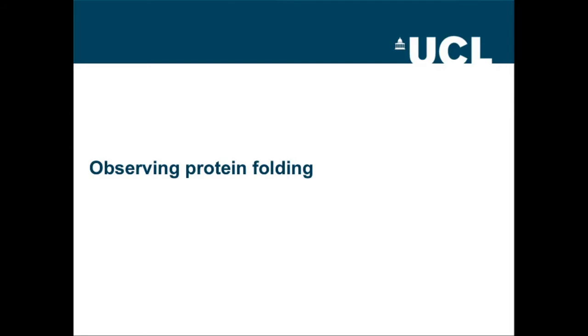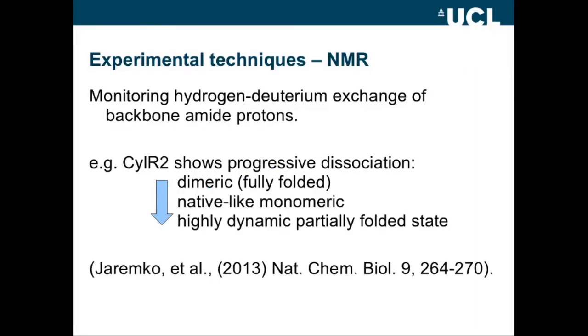How can we observe what actually goes on in protein folding? Well, there are a number of experimental techniques that can be applied. The first of these is NMR, where we can monitor hydrogen deuterium exchange of backbone amide protons.